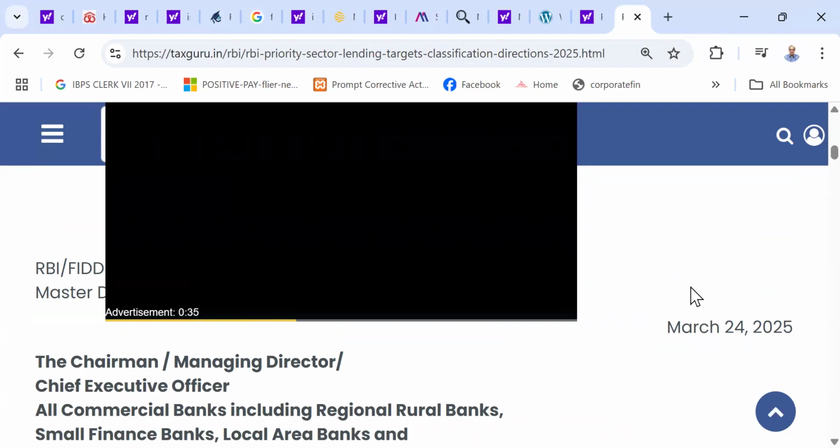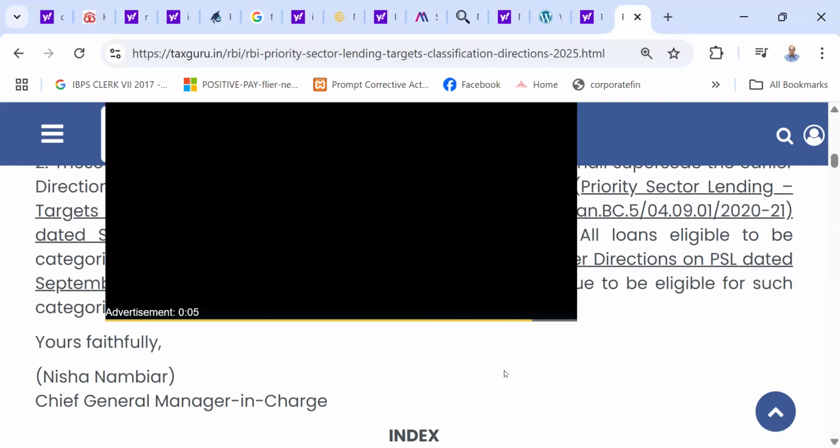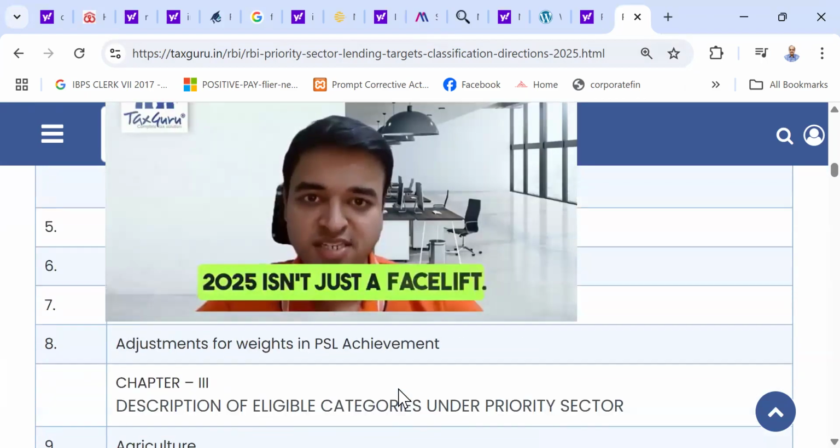It is because these sectors were not getting finance from banks normally, and these are the sectors that give more than 50% of people employment in our country, and they also contribute to the growth of our economy. That is the general answer. After that, this RBI guideline you must go through: what are the categories under priority sector?